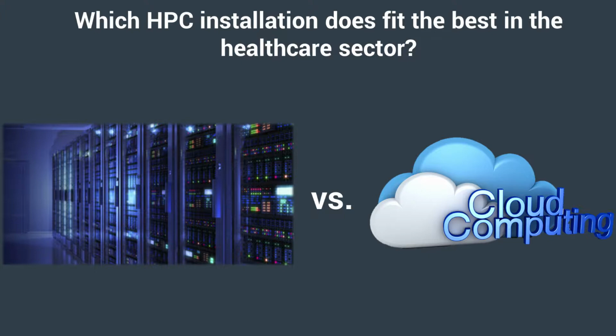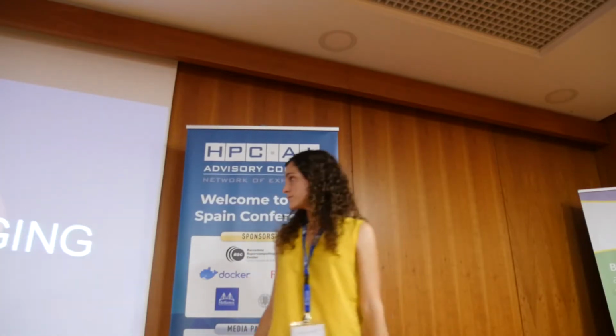To develop and to train our own models, our algorithms, we have a local solution. We have our own cluster. However, when we go to production, we have a cloud-based solution where the users, the radiologists, the researchers upload the images, they are anonymized and processed, and the imaging biomarkers are extracted on the cloud.